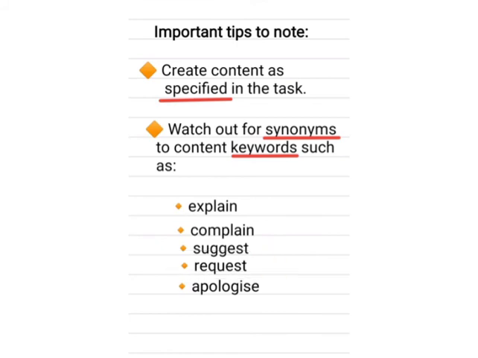So the question will not directly use these keywords, but when you know the synonyms to these keywords, you will be able to know the kind of content and what the component of that content should be.